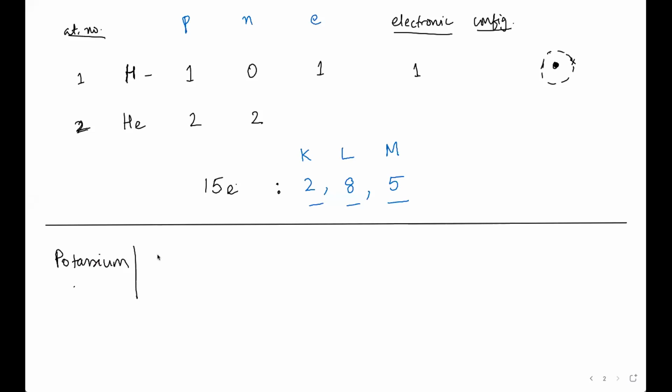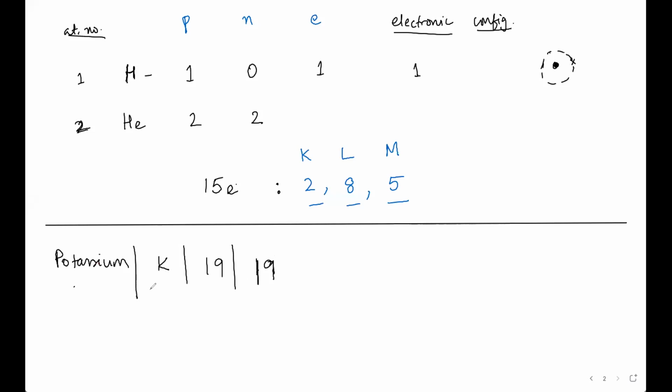K. K is right. Atomic number? 19. Which means how many protons will potassium have? 19. Number of neutrons?